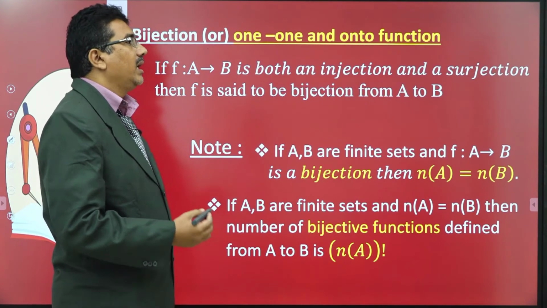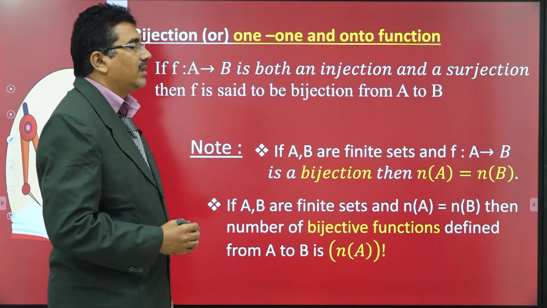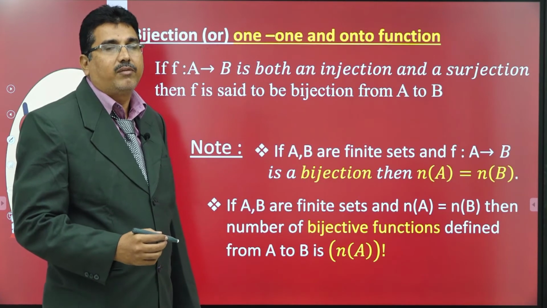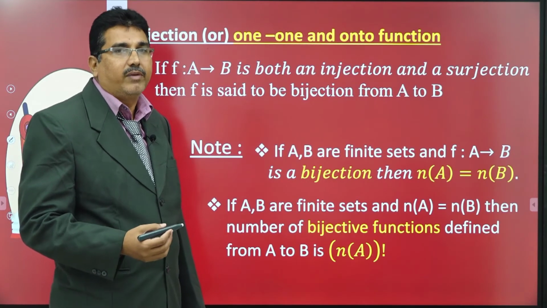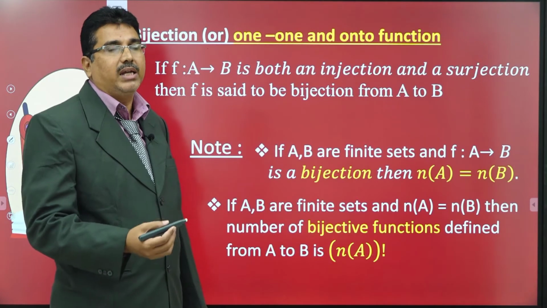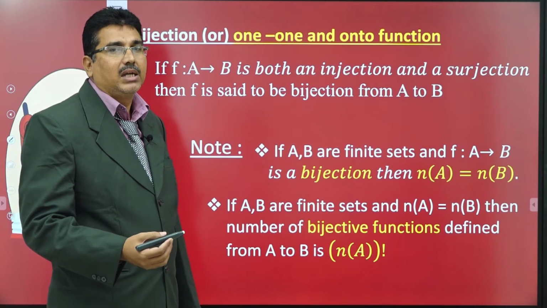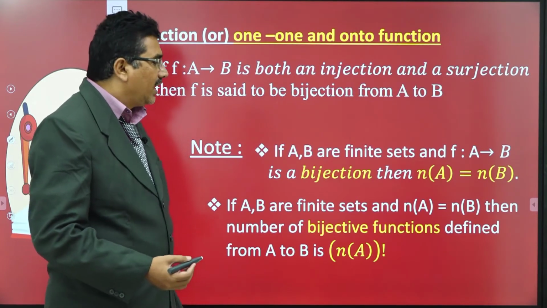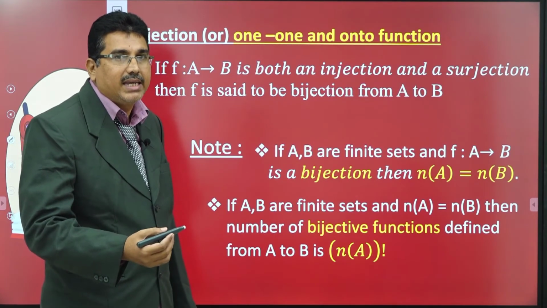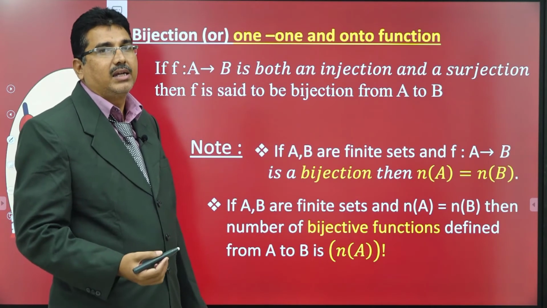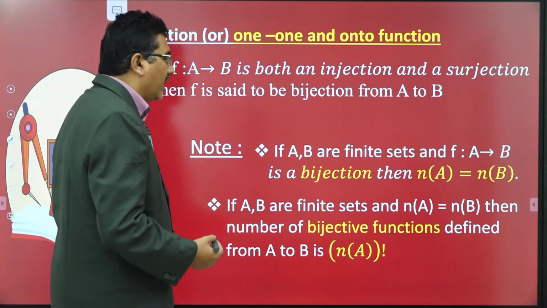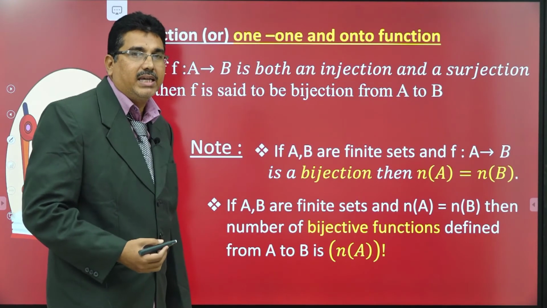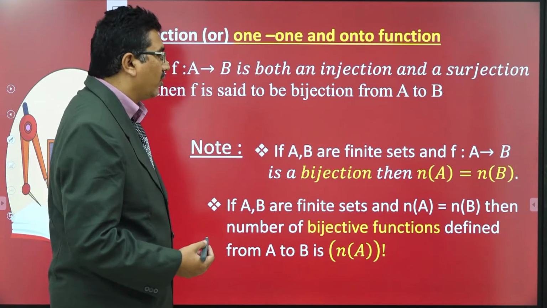Already we saw that the number of 1-1 functions defined from A to B is equal to n of B P n of A. Here n of B is equal to n of A. So the number of bijective functions from A to B is n of A factorial.